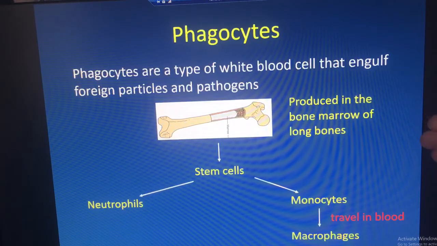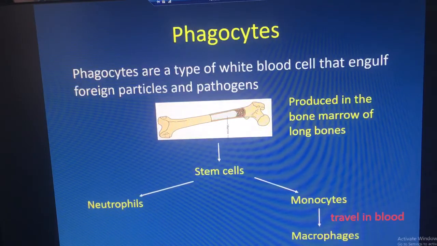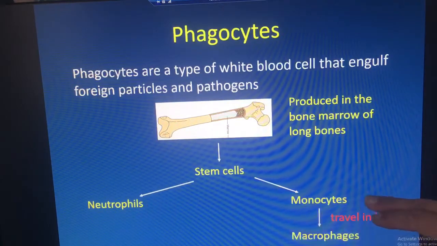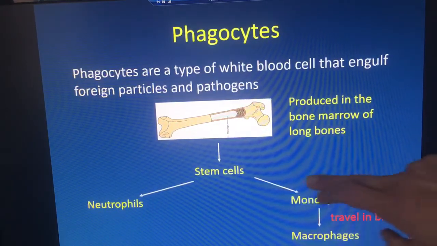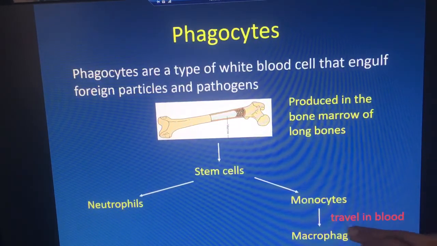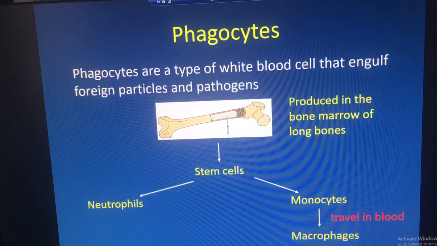And it's in the bone marrow that our stem cells are produced that are able to differentiate into either neutrophils or monocytes, and then the monocyte is the name of this phagocyte that travels in the blood, and once it gets to the tissues, it's then referred to as a macrophage.